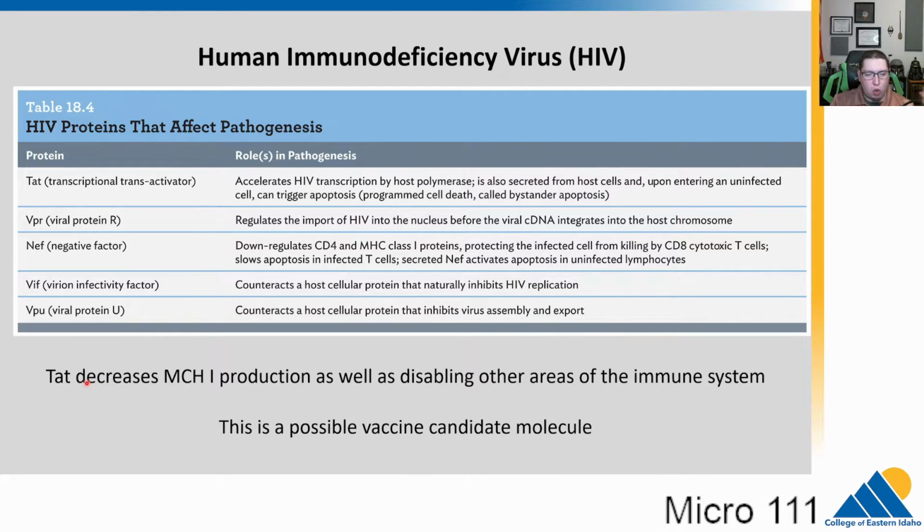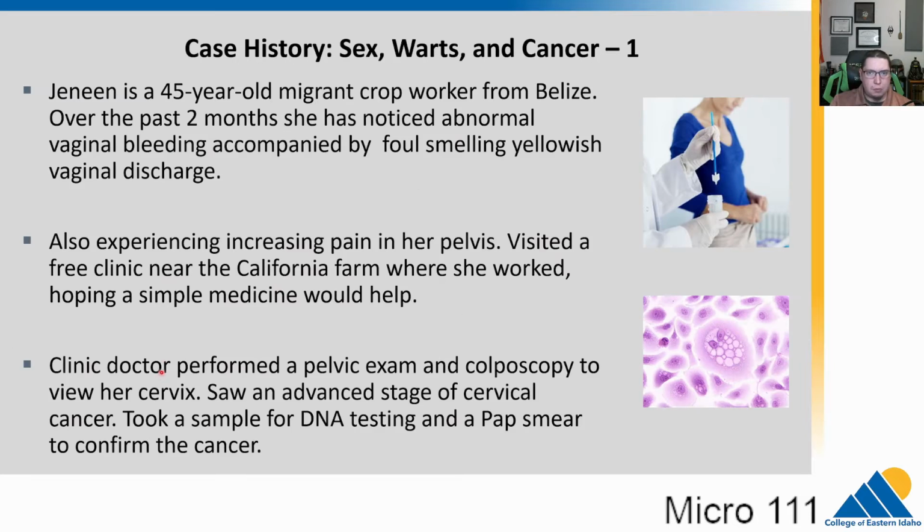It decreases MHC I production. So that disables the immune system, right? Remember, MHC I is the signal on cells that says, hey, I'm infected, I need you to come destroy me. So Tat blocks this. If we could get rid of Tat, we could maybe kill those cells much more effectively.